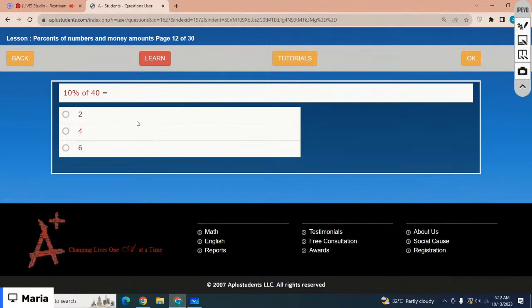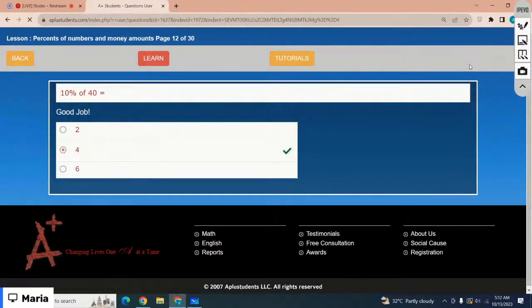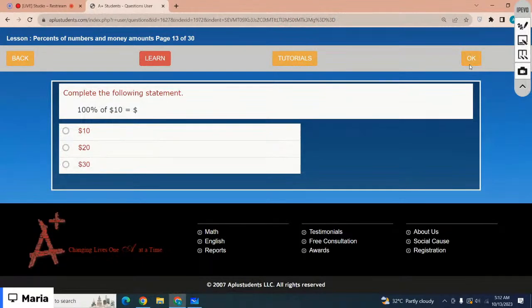The correct option is 4. 100% of 10 is, yes, 100% of 10 is 10. The correct option is 10. Very good.